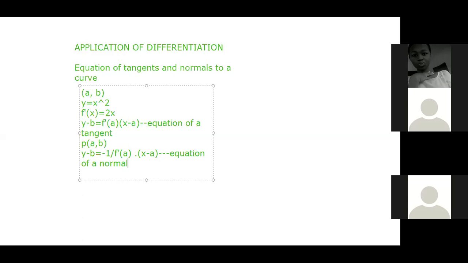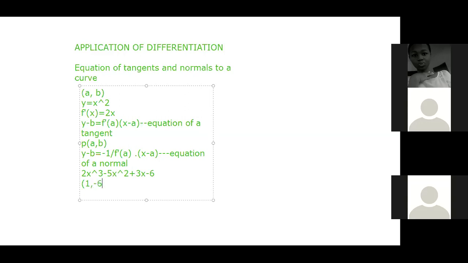Find the equation of the tangent to the curve 2x cubed minus 5x squared plus 3x minus 6 at the point 1, minus 6.